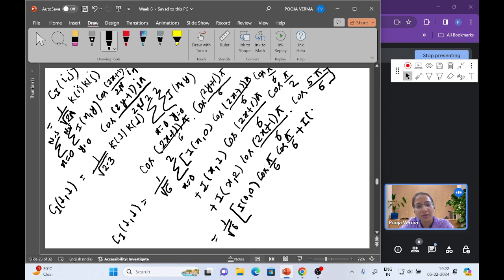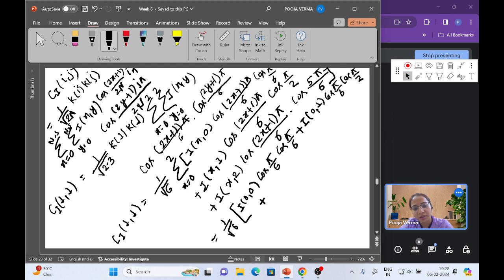So I 0 comma 1. In this equation here we will be putting 0. So 2 into 0, 0 plus 1. So 1 pi by 6, cos pi by 6. Already we have cos pi by 2 in multiplication.